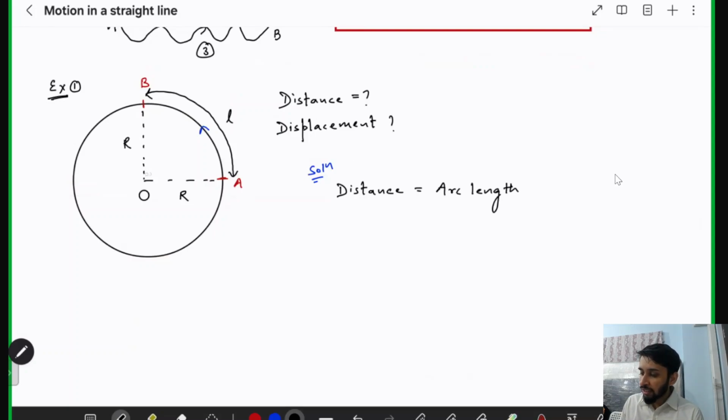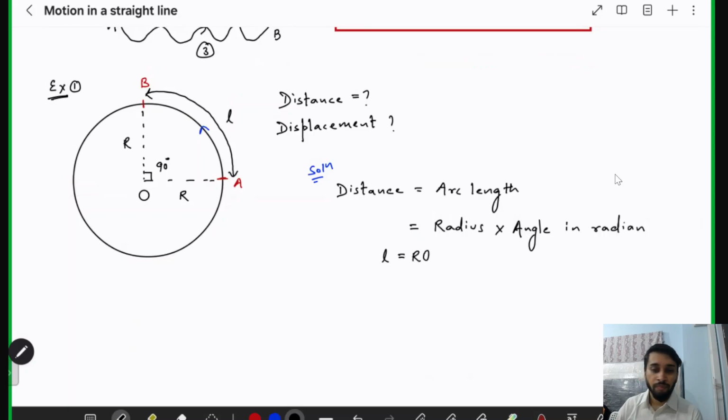Now suppose this angle is 90 degrees. We have a simple formula for arc length. Arc length is basically radius into angle in radians, or in short, L is equal to R into theta.